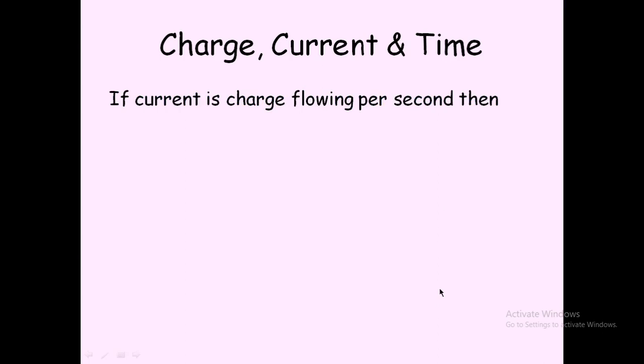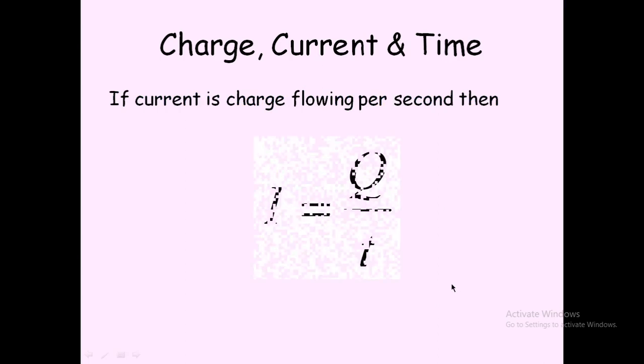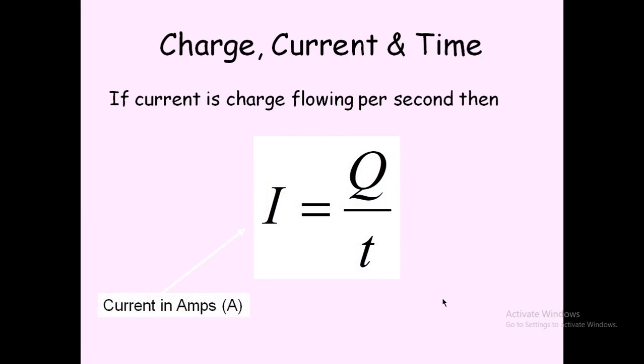So if current is charge flowing per second, then we define current in formula as I equal to Q upon T. Here Q is charge in terms of coulombs and T is time in terms of seconds. So ampere is defined as charge upon time, or coulomb per second.